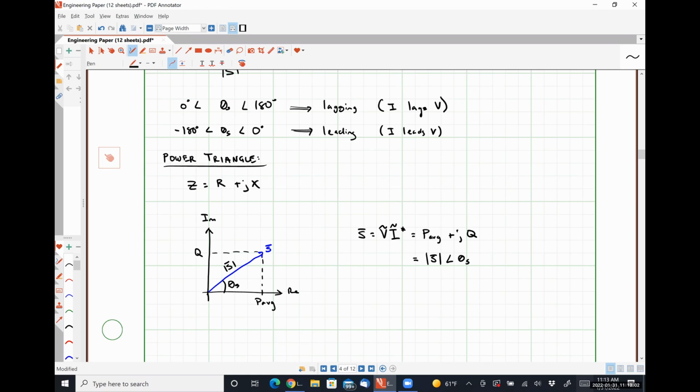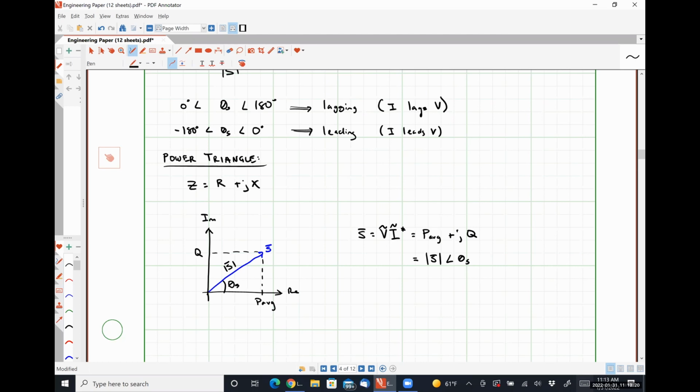The general assumption, though, because industrial loads use inductive systems much more so than capacitive systems, is that the overwhelming majority of the time, you're going to have a lagging power factor.